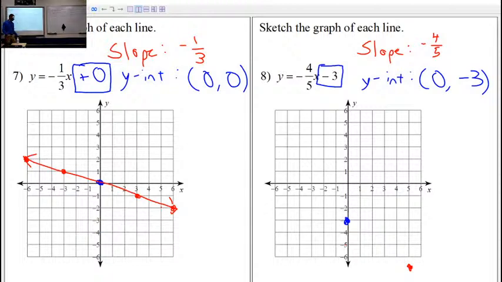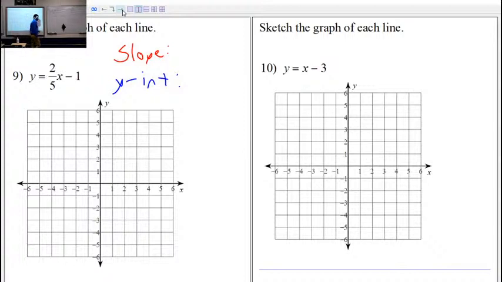Or to move the other way, we would go up 4 and to the left 5. Whichever way you want to think about it, and then connect that in the line. All right, questions so far? Okay.